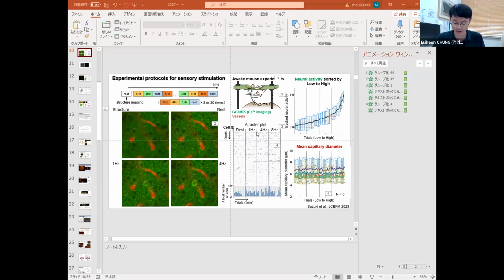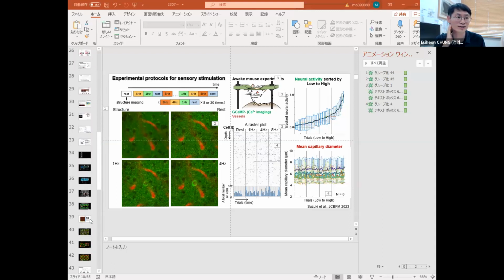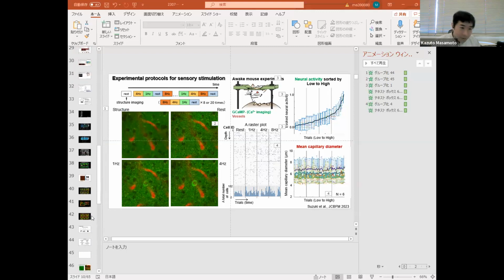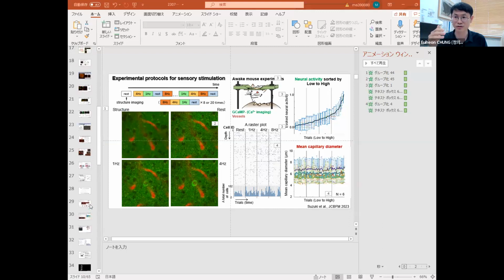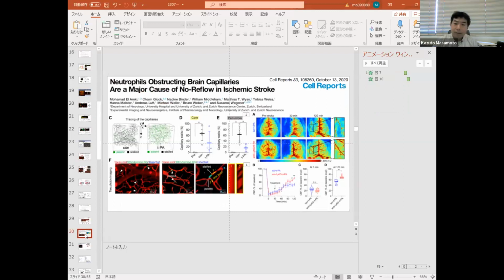Okay, thank you. Maybe this is not your data, but you showed that no reflow is relevant to the obstruction by neutrophils after stroke. I think that was data from a Switzerland group. I wonder, when you deplete neutrophils, does the author see the no reflow phenomenon resolved or disappeared?